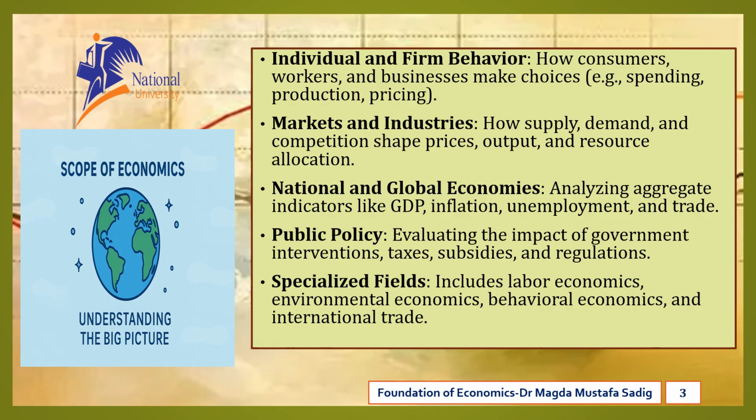Therefore, economists study how this balance works in markets like foods, clothes, or even technological markets. The third point is national and global economies. This looks at how a whole country or the world uses resources. Economists track things like the total value of everything a country makes, GDP, gross domestic product, inflation, the rising prices, unemployment, people without jobs, and trade, buying and selling between countries.